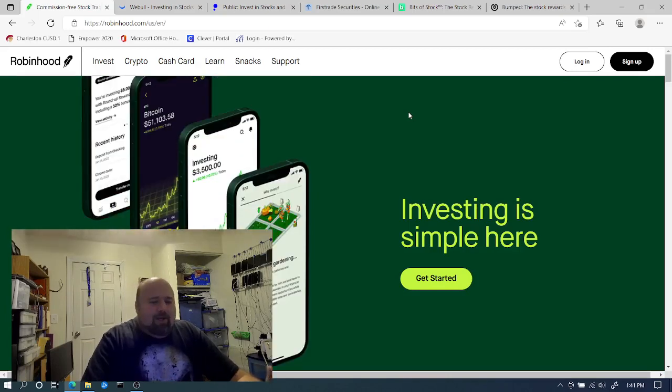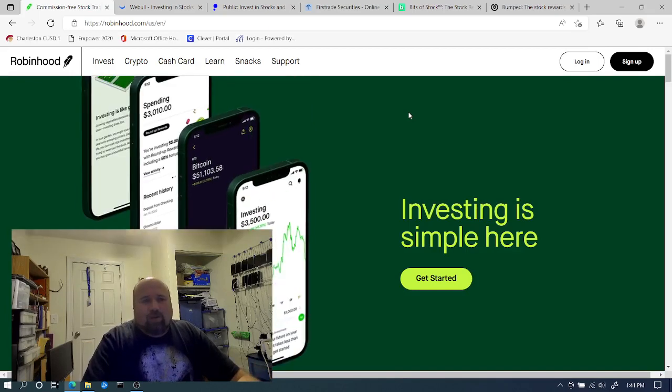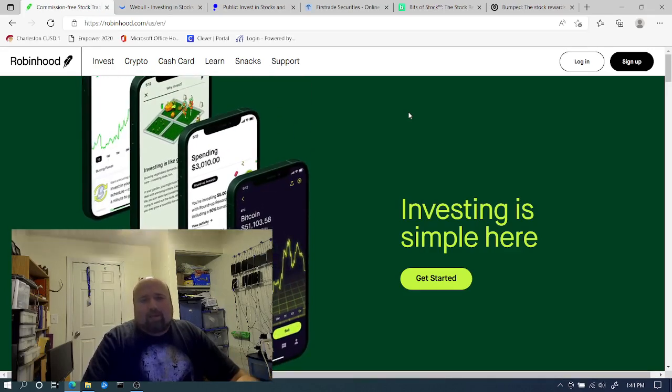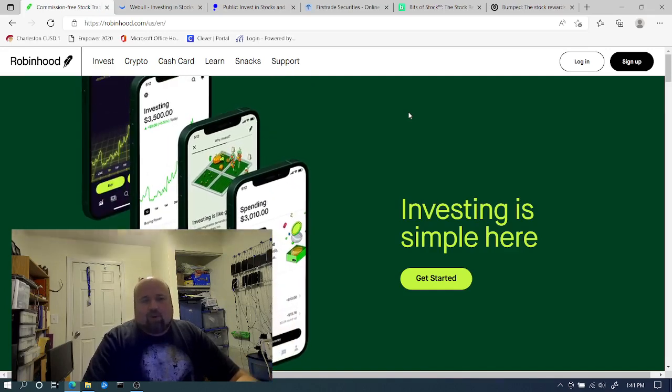But what's also good with Robinhood is once you start transferring money, they will typically give you that value in your account to start purchasing immediately. Even though the money's not fully settled yet, you can start investing.